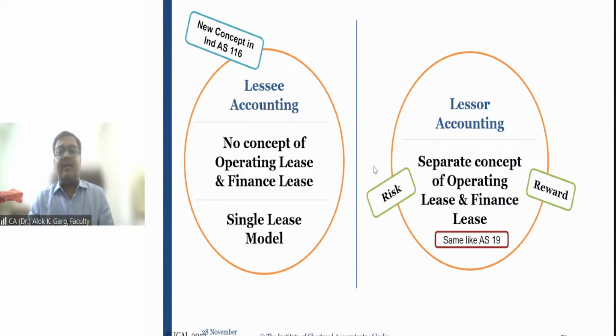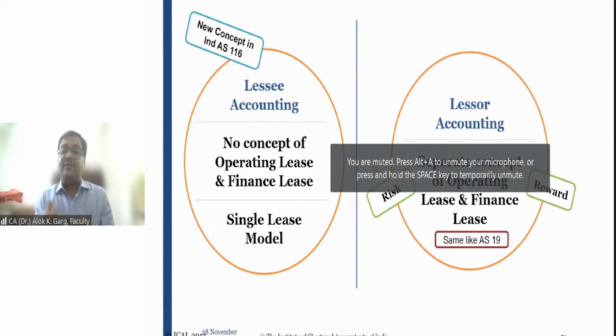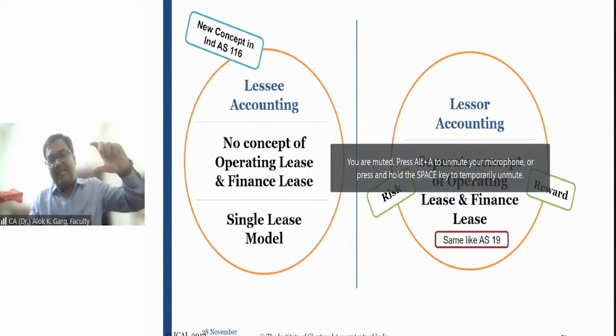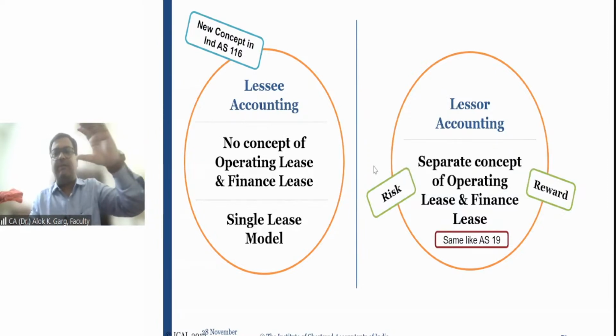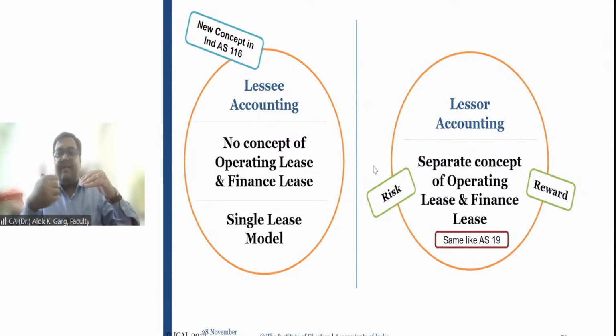But lessee will recognize not the car, the right of use. The lessee is recognizing a right. What right? The right to use that car for a period of 3 years. Lessor has recognized 10 lakh rupees in the head of property, plant and equipment. But lessee will recognize the present value of the lease rental for 3 years.